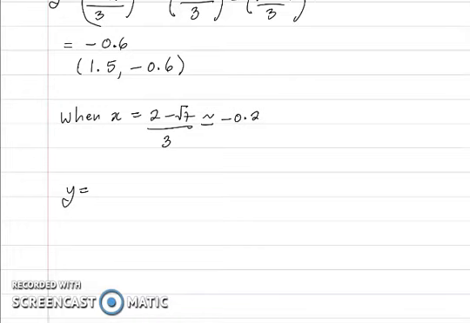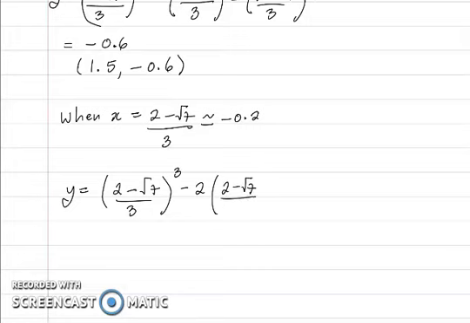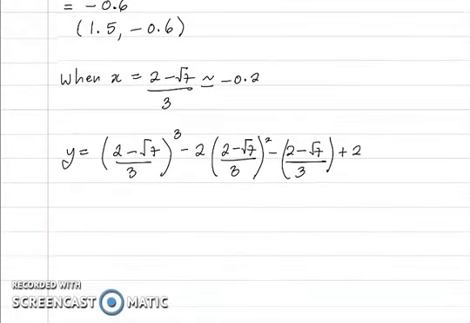So y would be equal to (2 minus the root of 7 over 3) cubed minus 2 into (2 minus the root of 7 over 3) squared minus (2 minus the root of 7 over 3) plus 2, and if you just put that in the calculator and press equal, you would get 2.1.